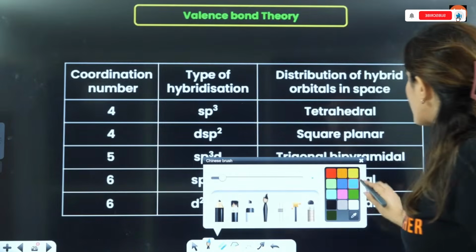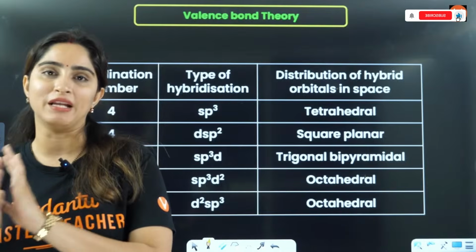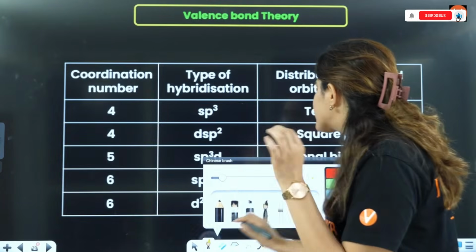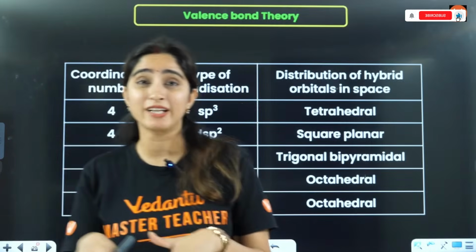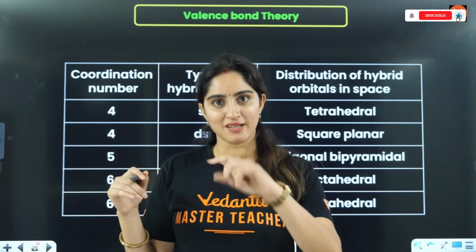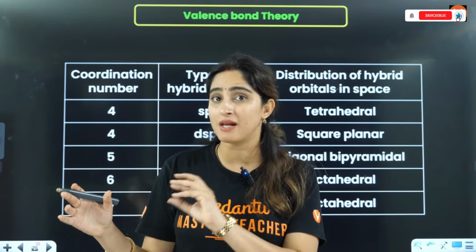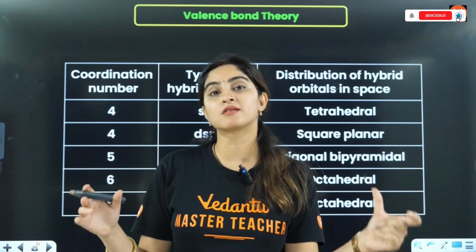Now let's talk about VBT, that is valence bond theory. Right? This is also a very, very important theory, and mixed questions are asked from chemical bonding and coordination. Now I'll show you one question where they will ask you the hybridization of non-complex compounds from chemical bonding, as well as coordination complex compounds.